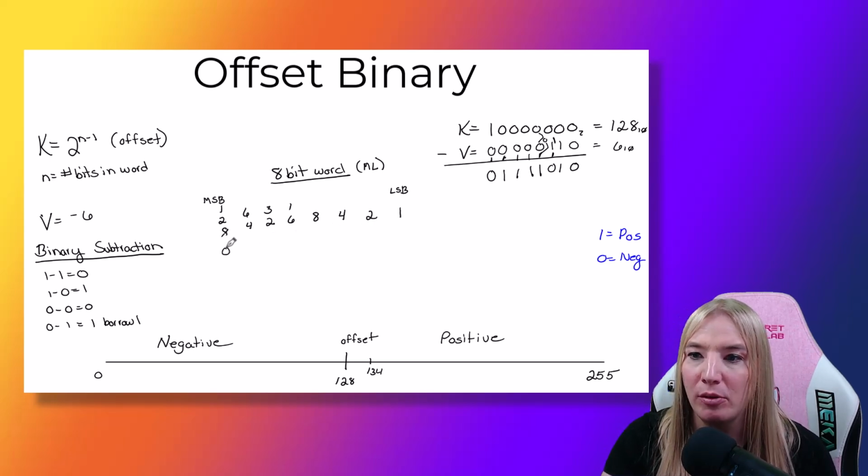We've got 0, then four ones, then 0, 1, 0, 0, 1, 0. That's the number we just converted.